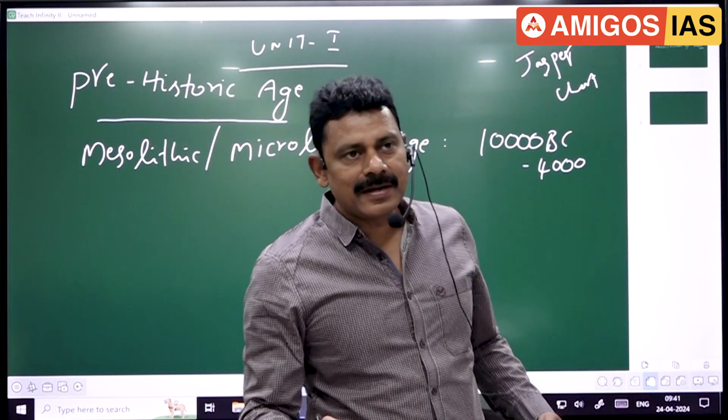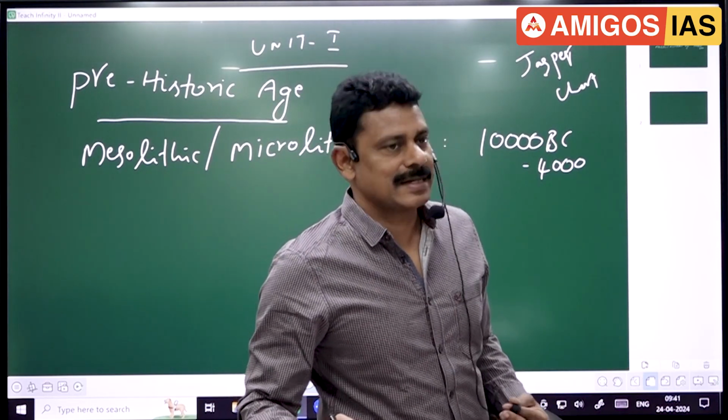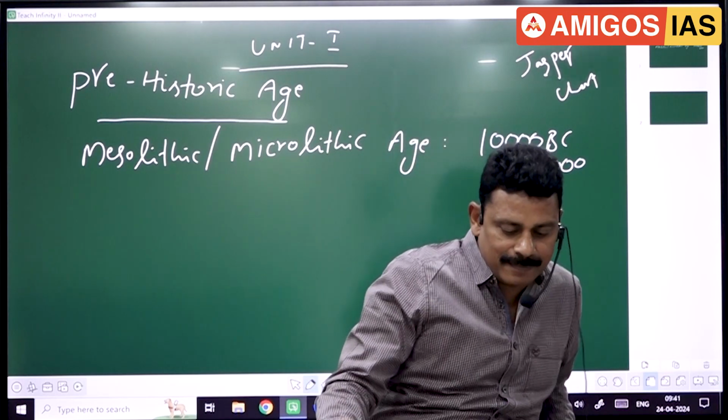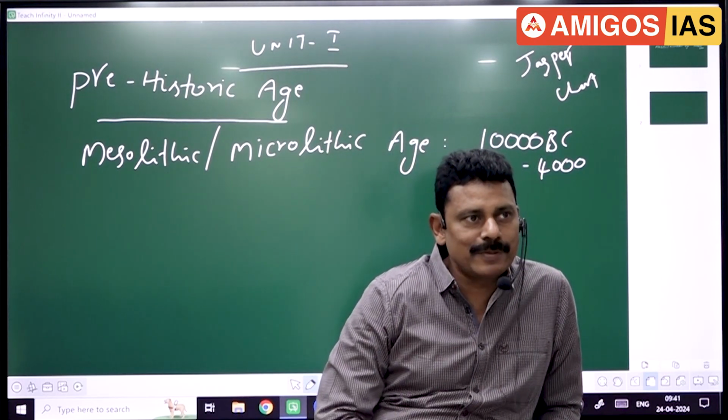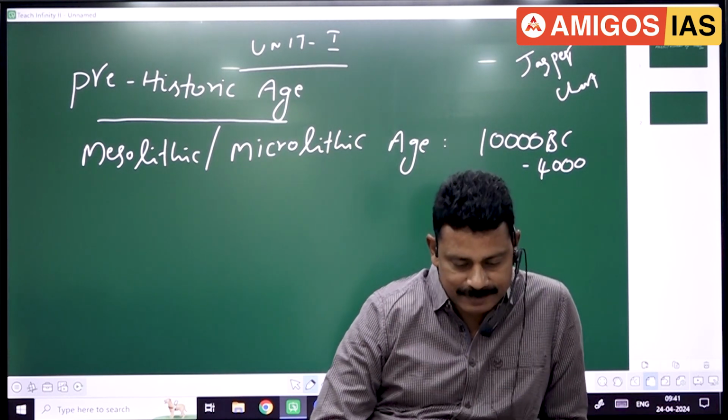Whereas the predominant material used by the Paleolithic man was quartz and quartzite. But coming to here, the material changed. It was not quartzite, but jasper and chert.